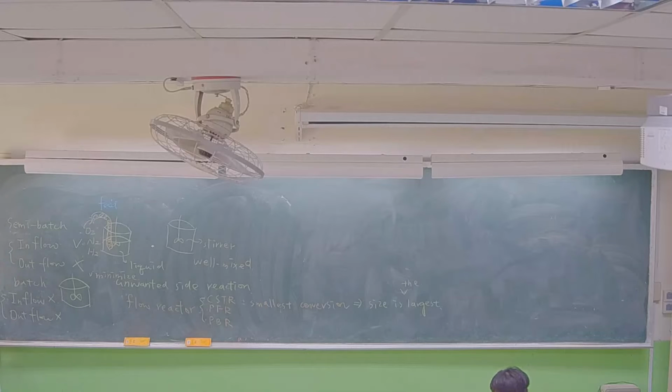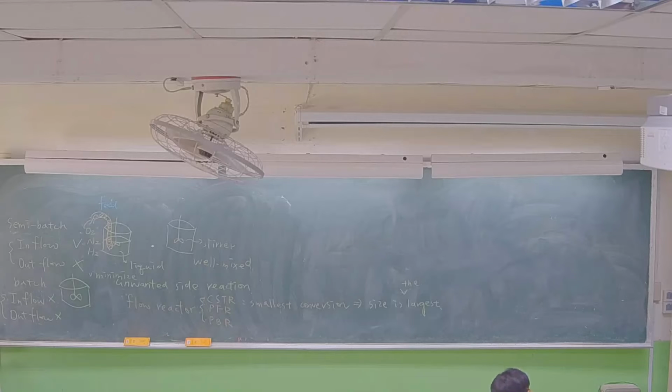Okay, please go to slide 25. Gas phase reactor, PFR. PFR is one long tube or several shorter tubes connected in series. So you can use one or combine several reactors.